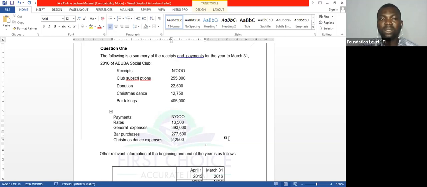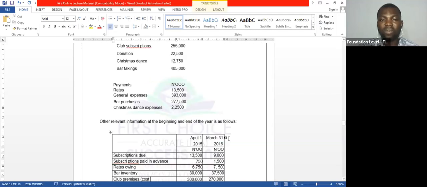Question one says the following is a summary of receipts and payments for the year to March 31st, 2016. They gave us the receipt amounts and the payment amounts, and other relevant information at the beginning and end of the year as follows.